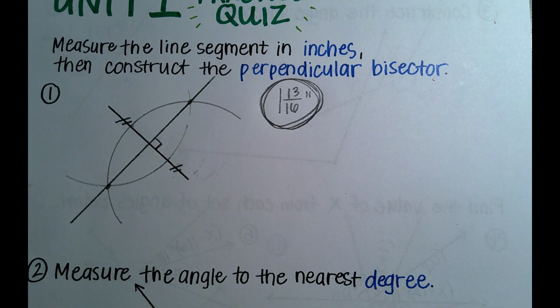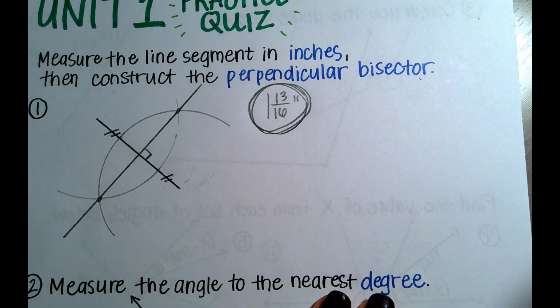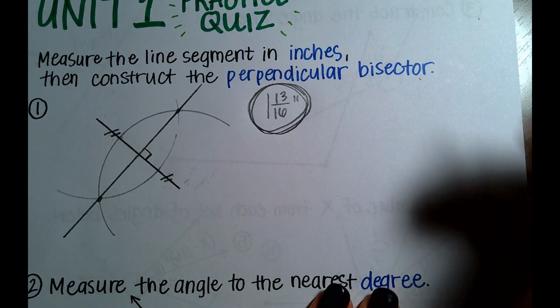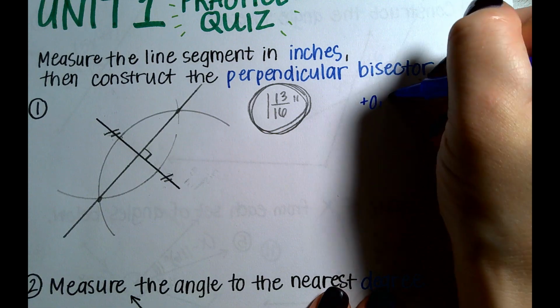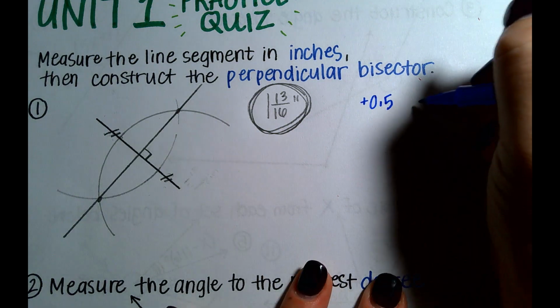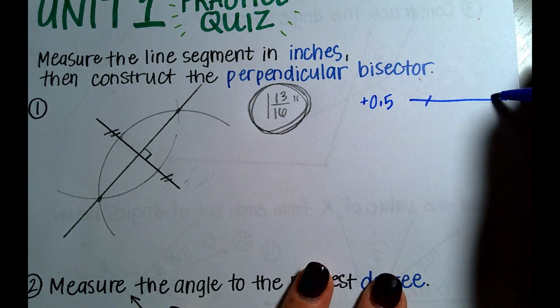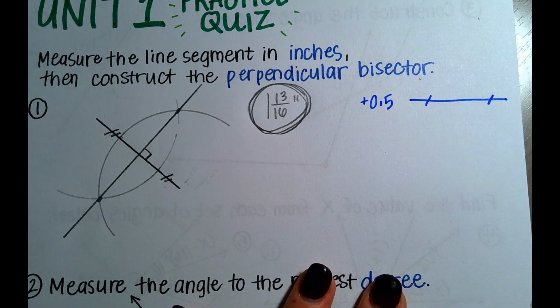So over to the side, I'm going to give you a guide of what I will be looking for when I grade this, so that there are no questions about it. So you will get half a point for marking that your lines are equal on both sides.